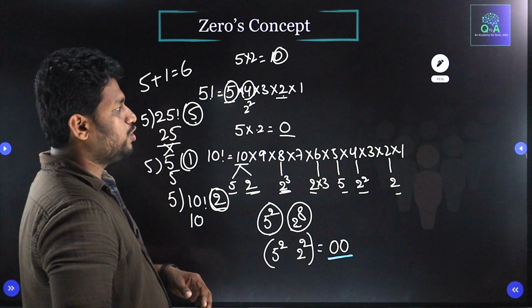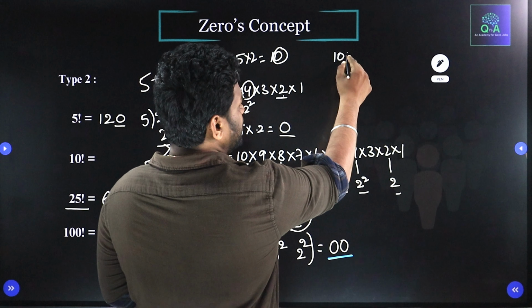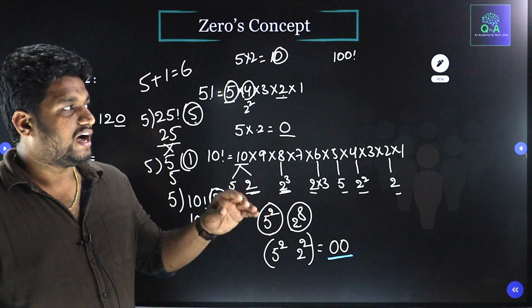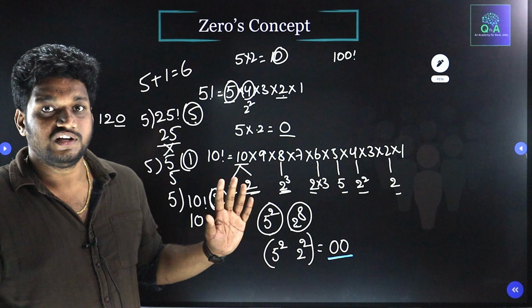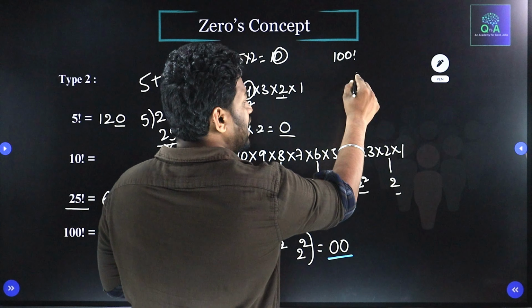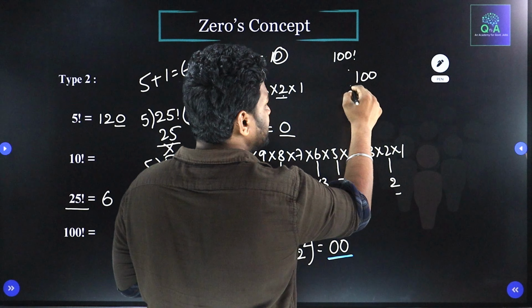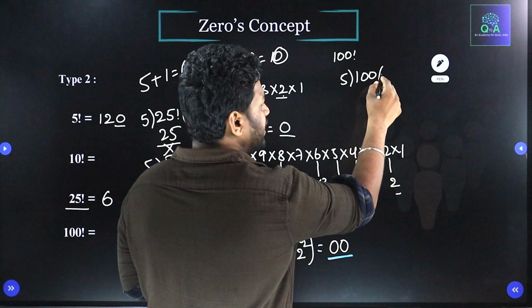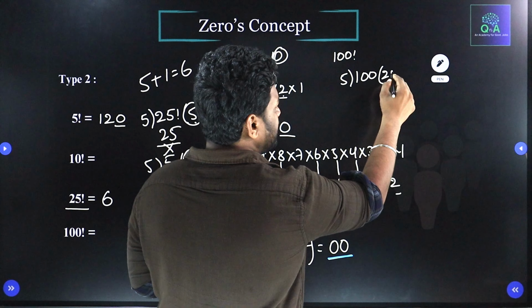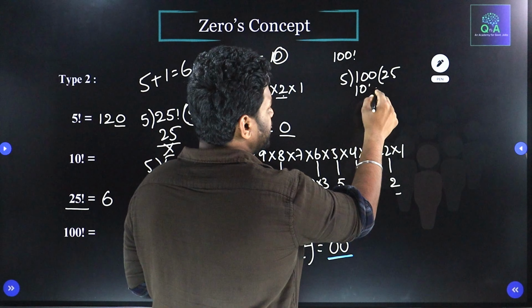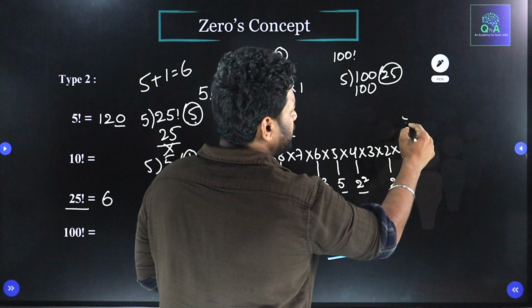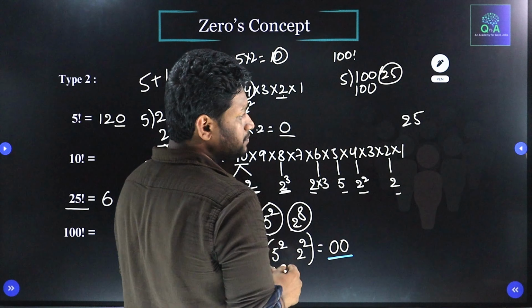Now, we'll try to solve 100 factorial. In 100 factorial, how many trailing zeros we have? First thing what I have to do, I have to divide 100 with 5. If I divide 100 with 5, how much I will be getting here? 5 25's, which is nothing but 100. Yes or no? Now, first how many I have to take? 25 I have to take.